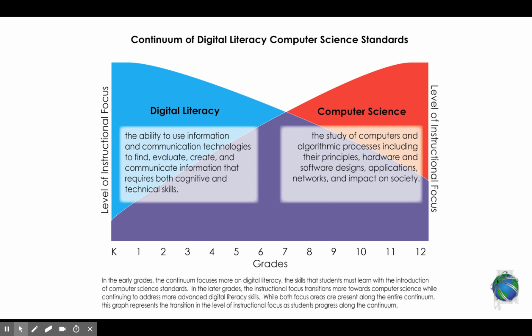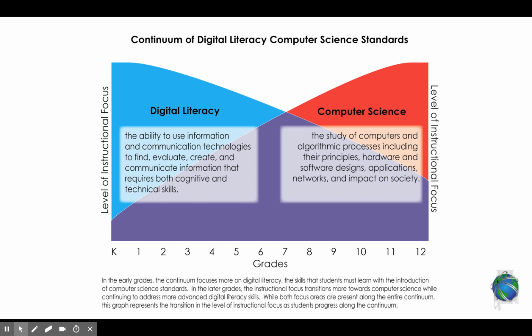Now, one of the things that came up in the committee early on was the idea that digital literacy and computer science be integrated into a single course of study. There was some discussion about having a separate computer science course of study. The previous course of study that these DLCS standards replaced was simply called the Technology Course of Study.